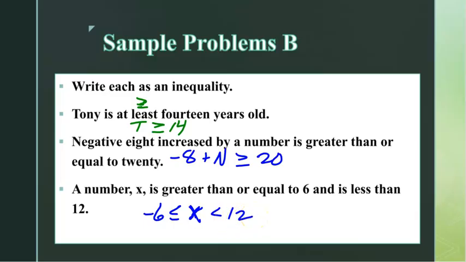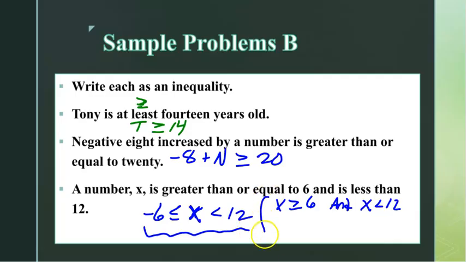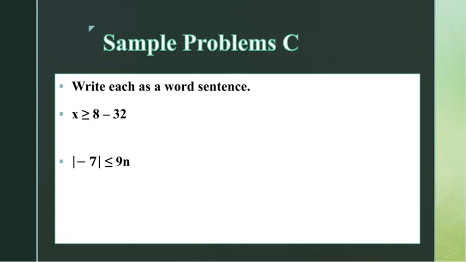Now it looks like I put two less than symbols in it, but if I read it from the variable, x is greater than or equal to 6. So this is one way you can write it, or you could rewrite it as x is greater than or equal to 6, and then use the word and, x is less than 12. Those are two different ways you can write it. If you want the simpler form, this would be the simpler form. Otherwise, you can write it as two separate ones with the word and in between.